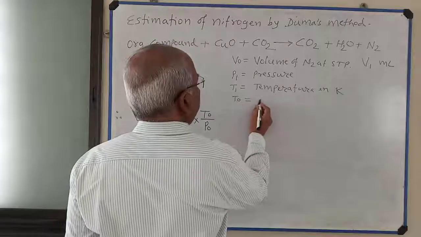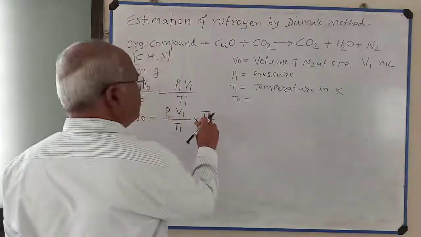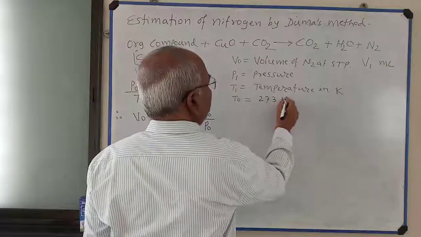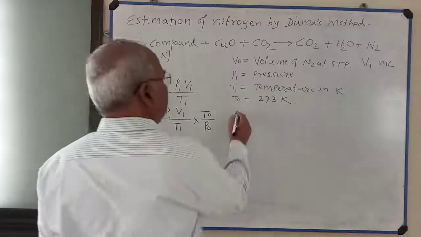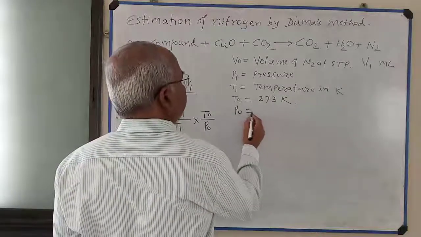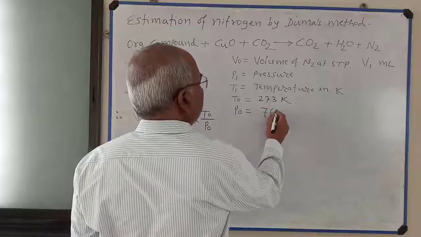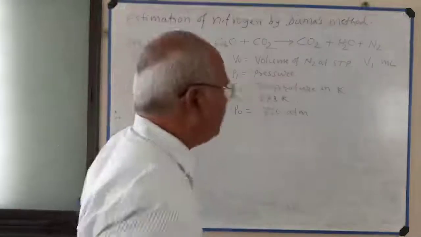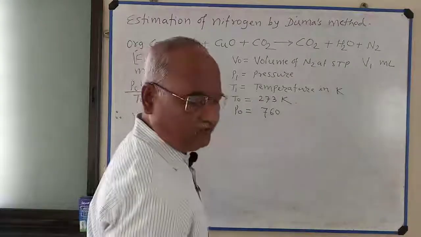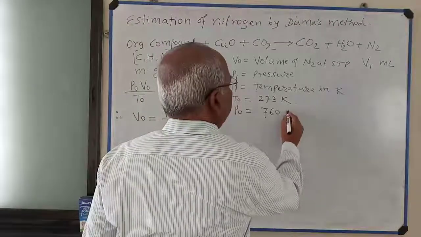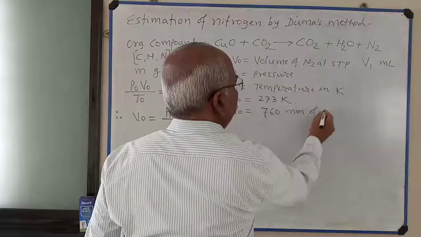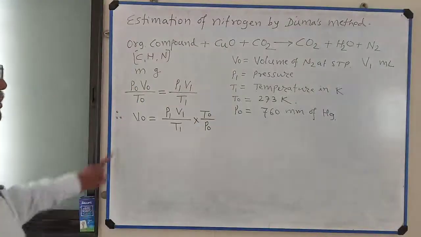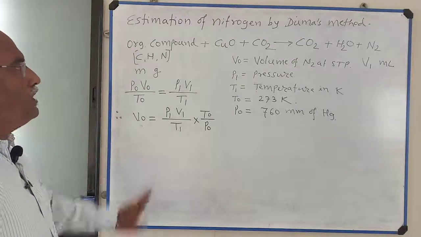T0 is equal to standard temperature at STP condition, that is equal to 273 Kelvin. P0 is equal to standard pressure, that is equal to 760 mm of Hg. So in this way, P0 can be calculated.